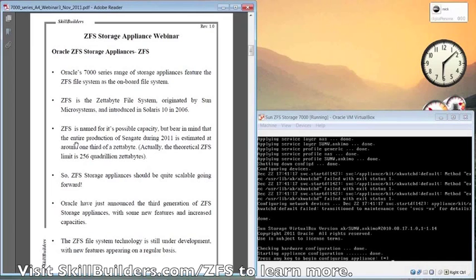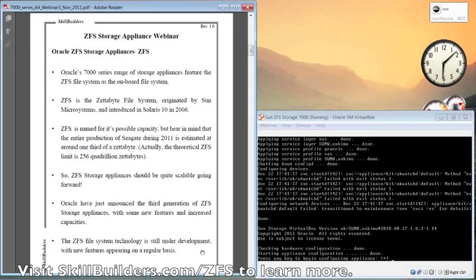But to give you an idea, the entire production of Seagate disks during this year is about 1/3 of a zettabyte. So basically, all the old limitations that you had with other file systems, that you can only have a file this big, and you can only have this many directories, blah blah blah, have all been wiped away by ZFS.